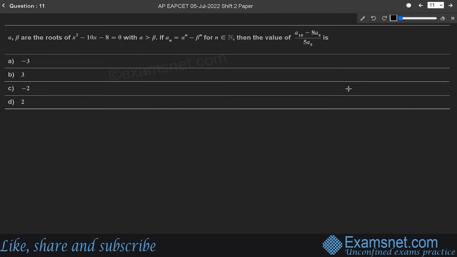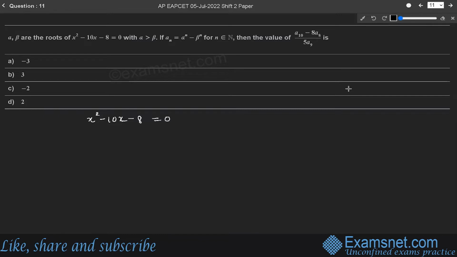Next question is, alpha and beta are the roots of the equation x square minus 10x minus 8 is equal to 0, with alpha greater than beta.